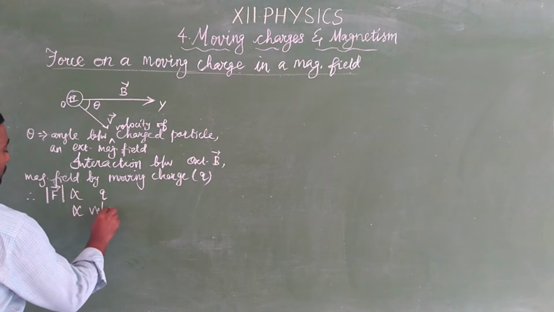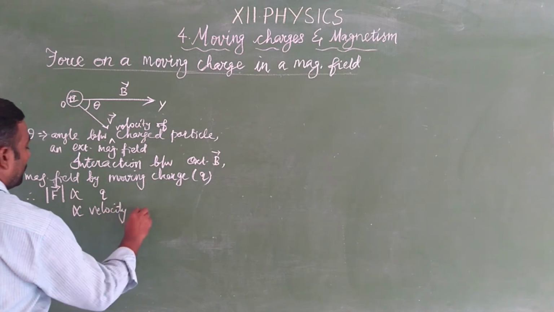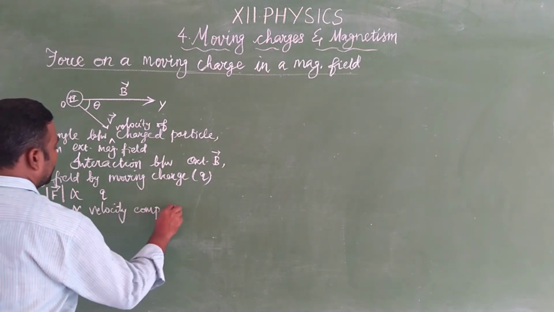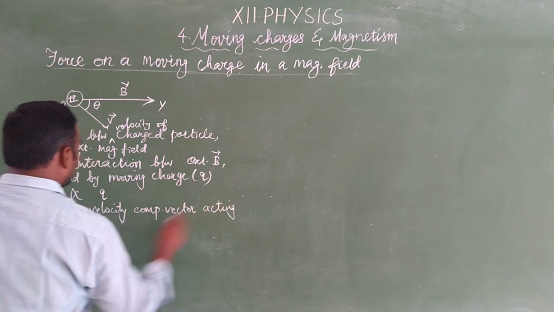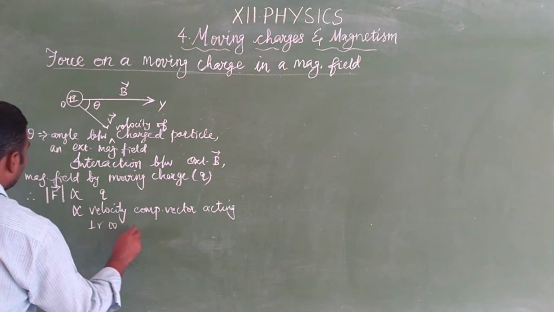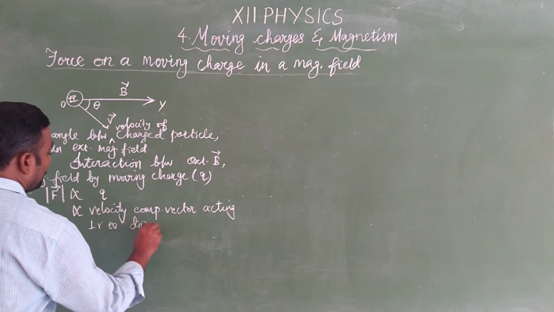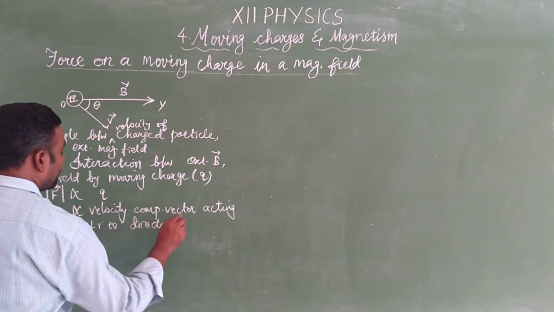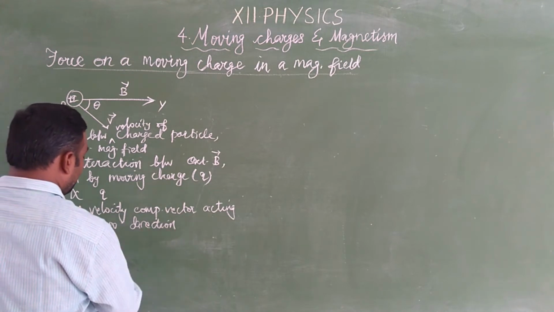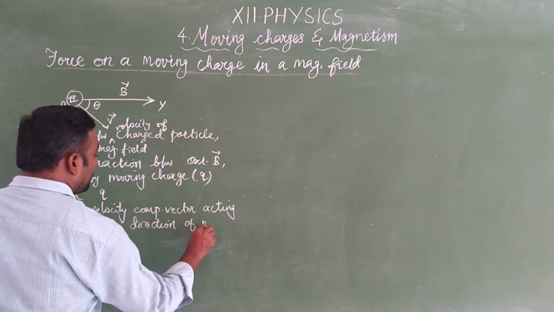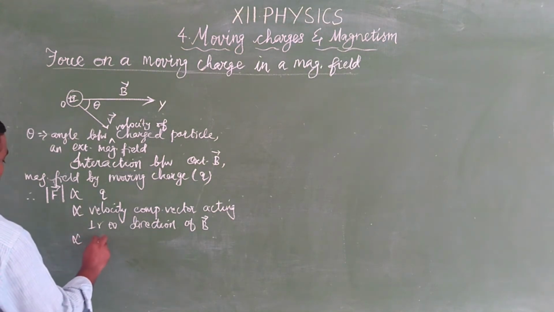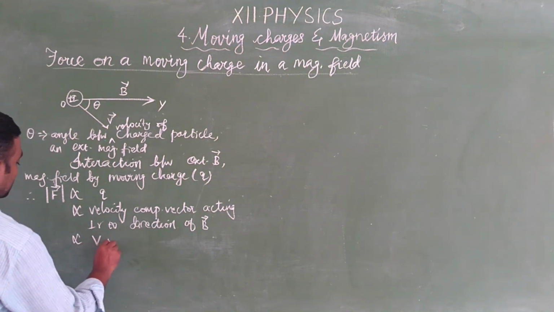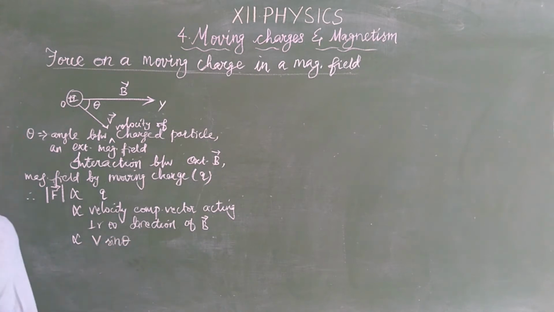That is, perpendicular to the direction of the applied magnetic field, the magnitude of the force is proportional to the velocity component, that is v sin theta.